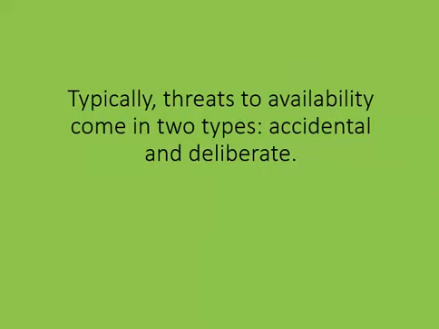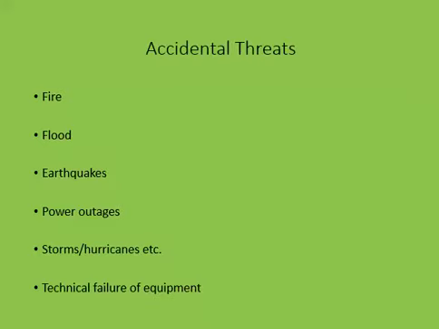Typical threats to availability are accidental and deliberate. Accidental threats will include things like fire, flood, earthquakes, power outages, storms, hurricanes, etc., and the good old-fashioned failure of equipment.